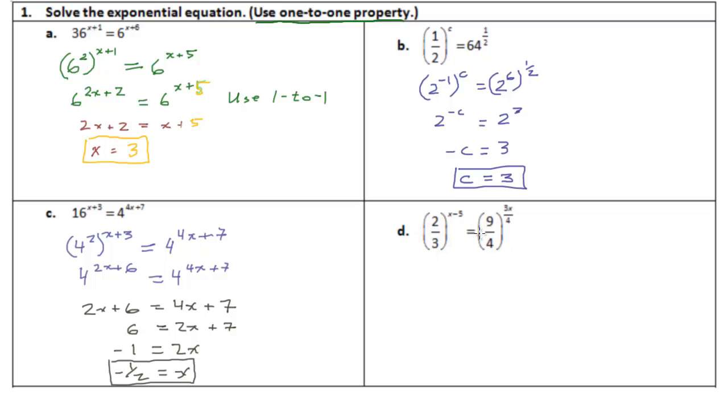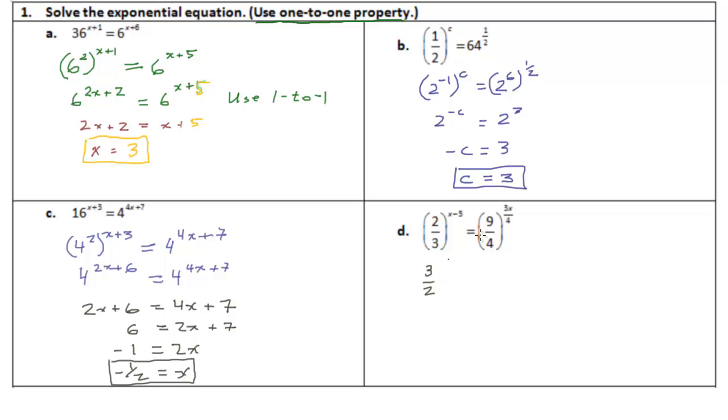This last problem is the hardest to see a common base. But if you notice, 9 is 3 squared, 4 is 2 squared, and we have 2 and 3 over here, but they're upside down. So let's do the reciprocal property on 2/3, and write 3/2.